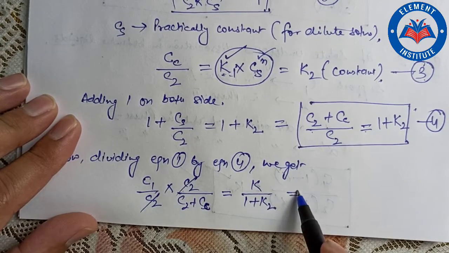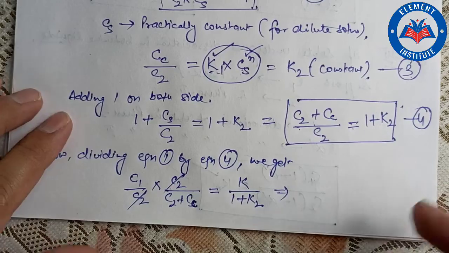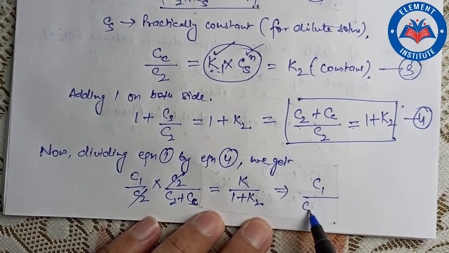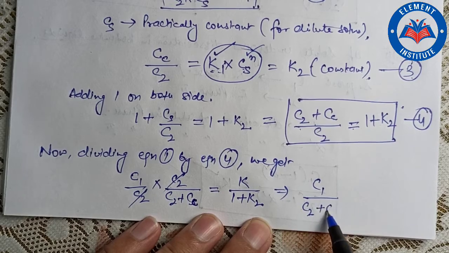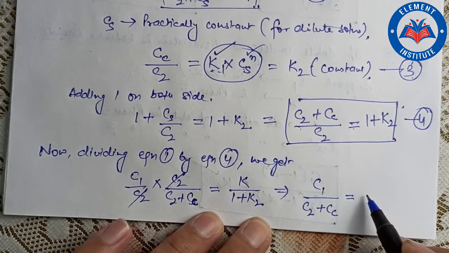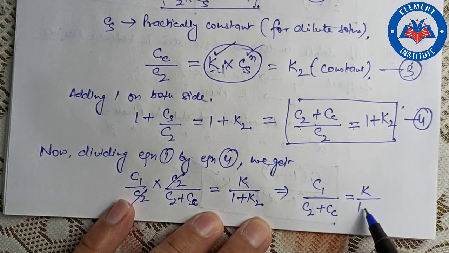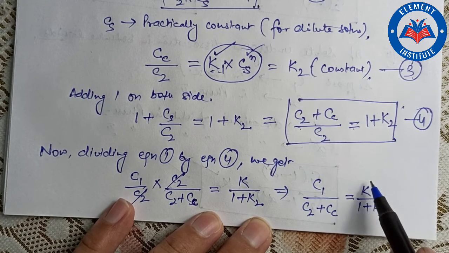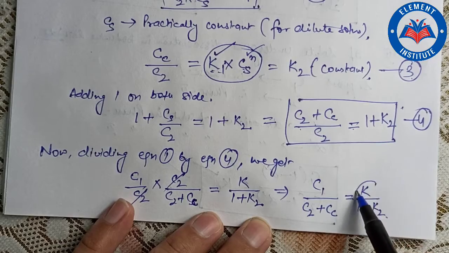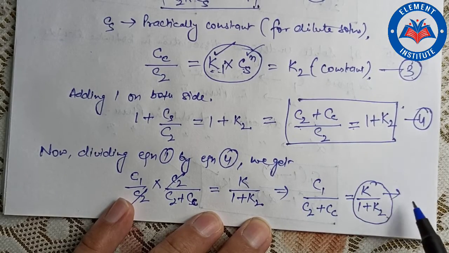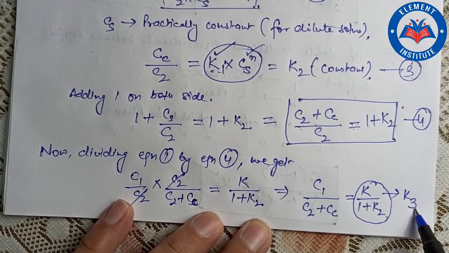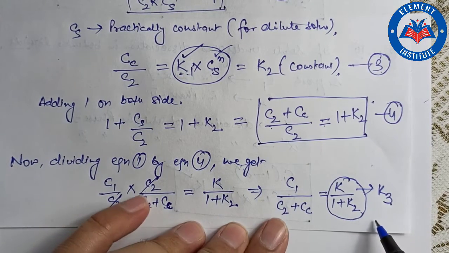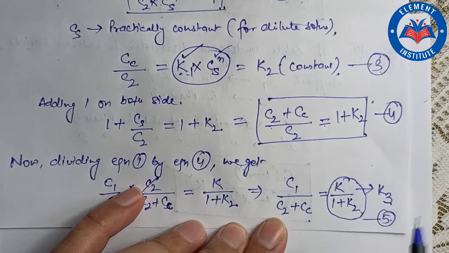C2 will cancel, so it will lead to C1 upon C2 plus CC equal to K upon 1 plus K2. Here all the terms are constant, so it will give us a new constant, that is K3. Write it as equation number 5.